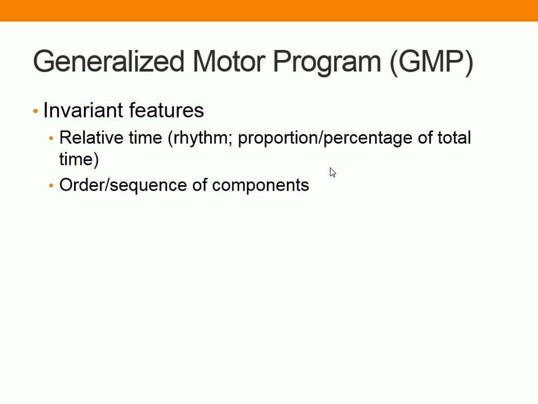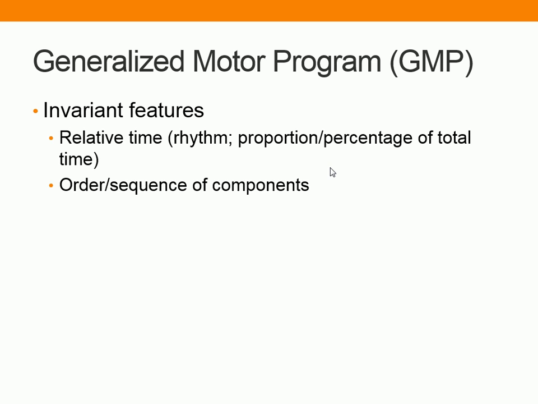If I think about playing the same song really slow or playing it much faster, if I have some type of program where I can speed up or slow down music, it's always going to have the same rhythm, the same proportion of the amount of time spent on each note. The overall time can vary, but we're going to continue to have the same rhythm. Motor skills operating under the same generalized motor program are going to have consistent rhythm or consistent relative timing patterns. So that's one key feature that we can analyze to try to determine whether two skills are operating under the same generalized motor program. The second thing we'd look at is the order of the sequence of components.